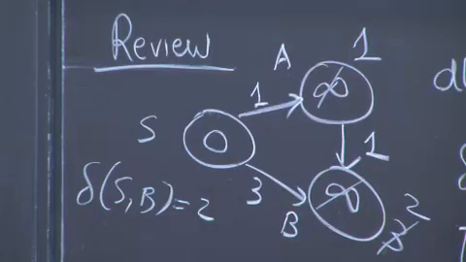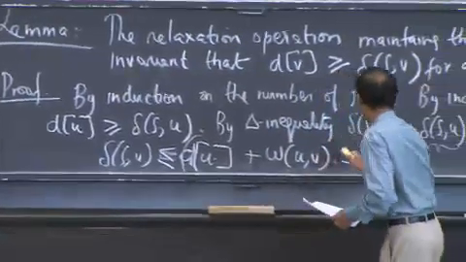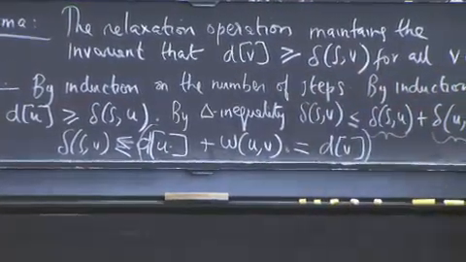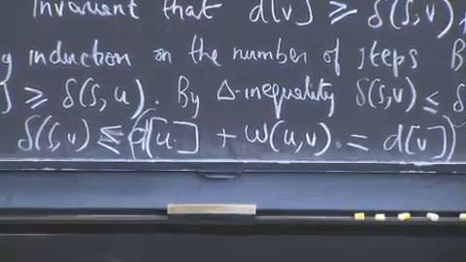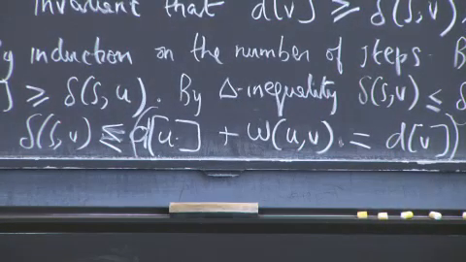And so once we have that here, we can essentially say that delta(S,V) is less than or equal to d(u) plus w(u,v), which, once we're done with the relaxation step, equals d(v). OK? That's how that works. So that's good news.